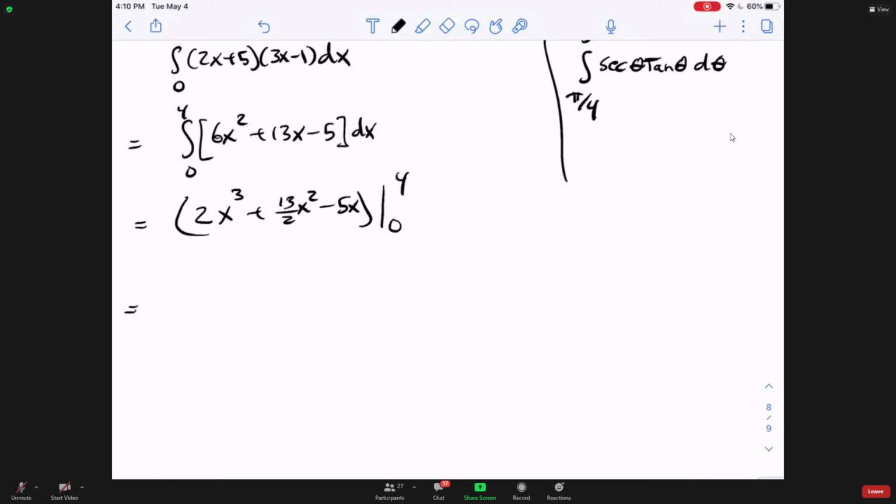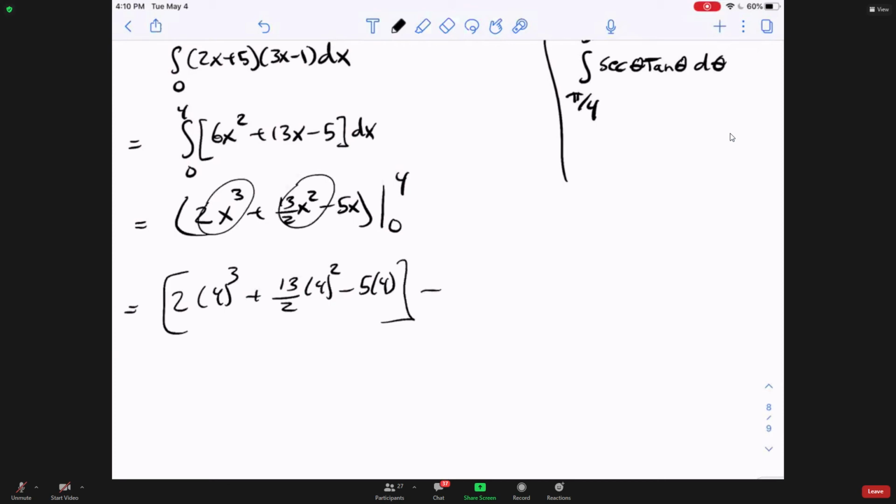Now we'll plug in 4 minus plug in 0. Now the nice thing is the 0 will give us 0 in this case. But make sure you run it in your head that you do get 0 for everything. Don't just automatically assume, because sometimes it might be like an e to the 0, which is 1. All right, so you got 64 times 2, that's 128, plus 16 divided by 2 is 8, times 13, 104, minus 20.